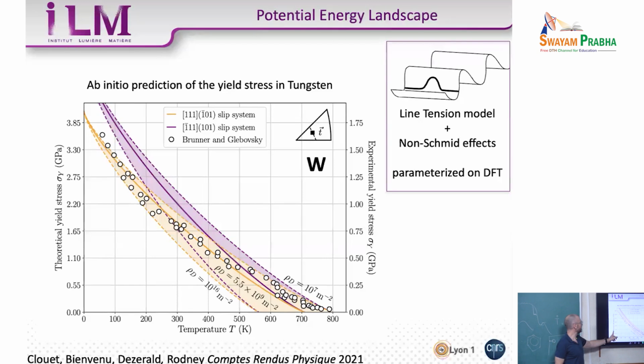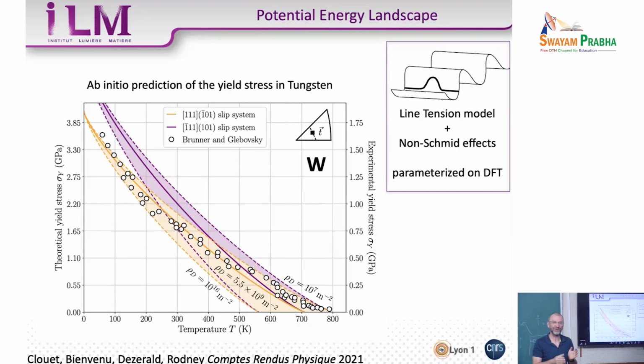What is written here? What is the scale here? It's not the same scale. So to have the comparison, we had to rescale our predictions to be in the same range as the experiments.